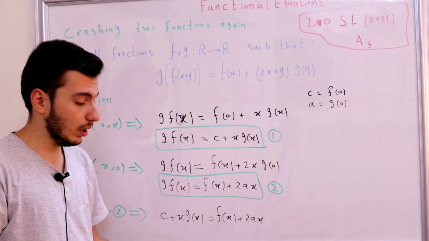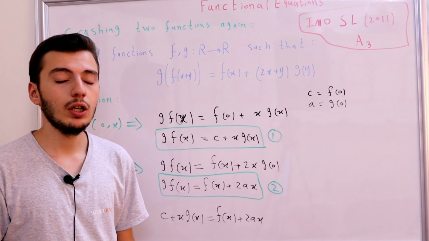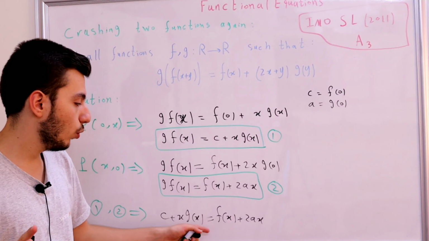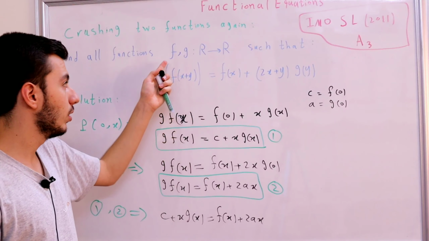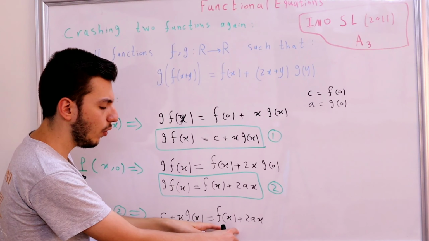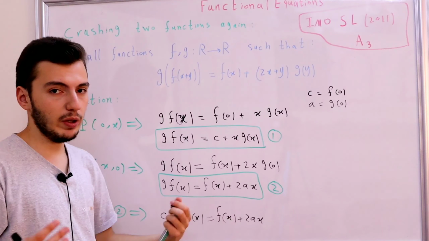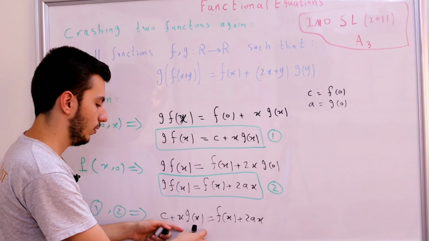What are the variables? It is f of x and g of x, right? Those are the functions. So now we don't have two functions anymore. Now I can find the value of f using g. If you gave me, for example, g of x is equal to 0, then this will be known.